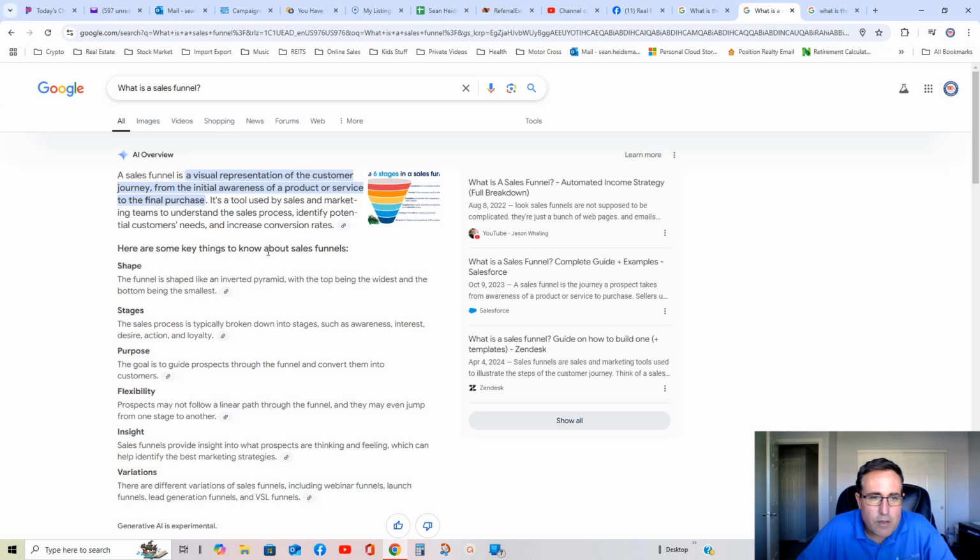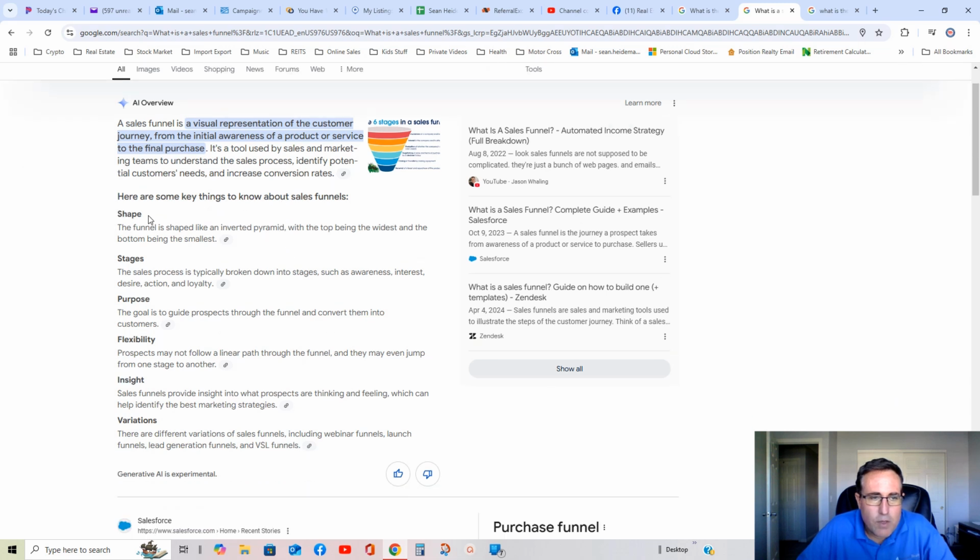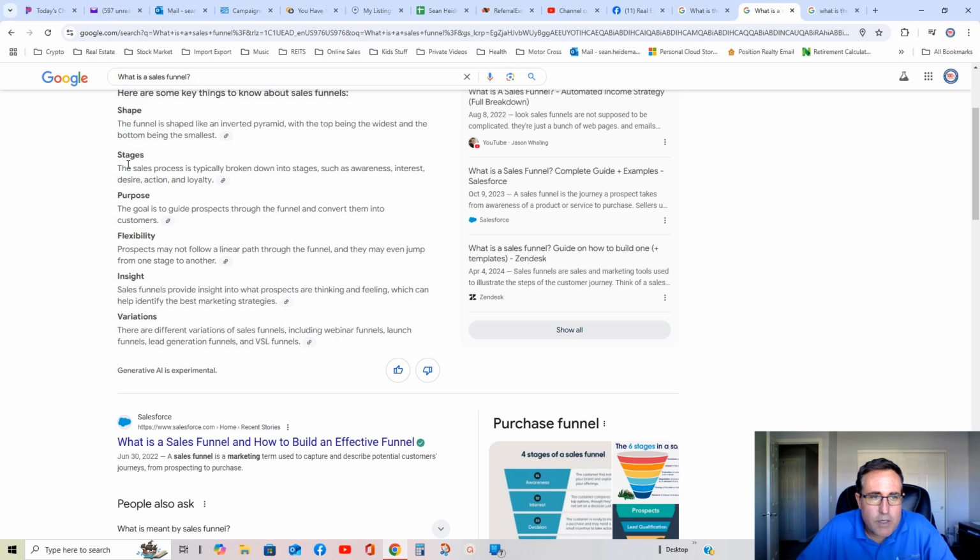So here are some key things to know about the sales funnel. The shape: the funnel is shaped like an inverted pyramid, with the top being the widest and the bottom being the smallest. Stages: the sales process is typically broken down into stages such as awareness, interest, desire, action, and loyalty. Purpose: the goal is to guide prospects through the funnel and convert them into customers.